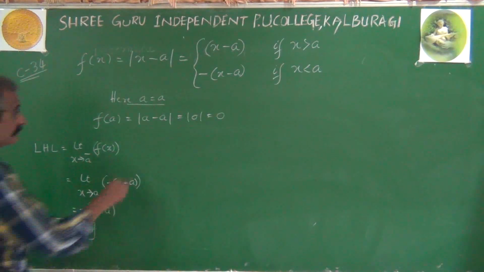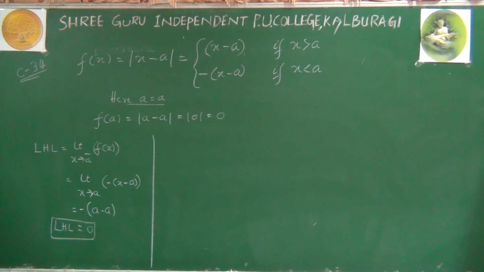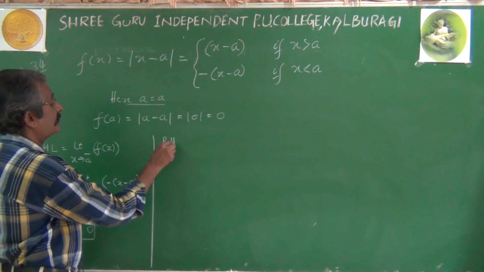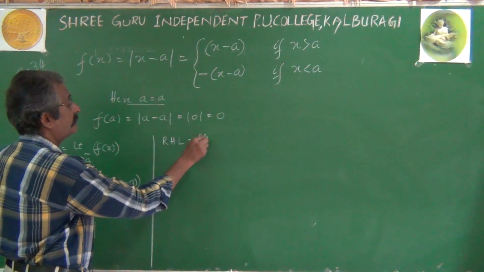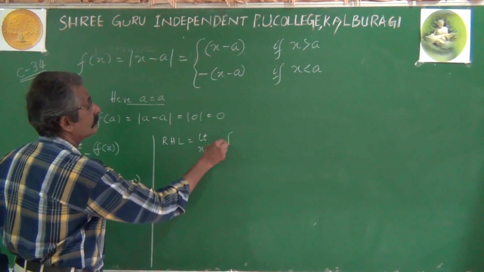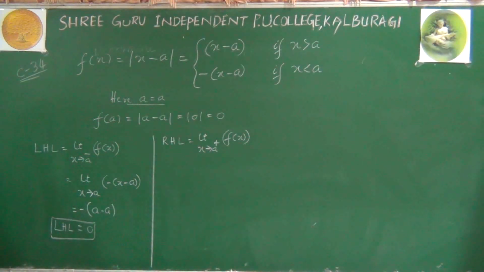We also find, similarly, the right hand limit. Now right hand limit RHL equal to limit x tending to a plus f of x. What's the meaning of a plus?